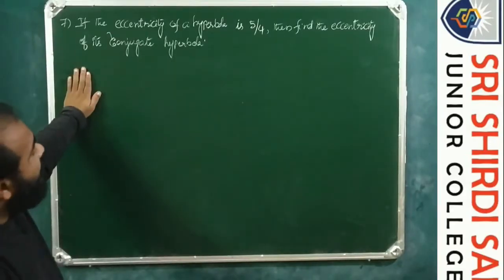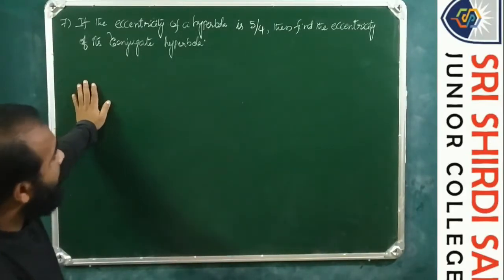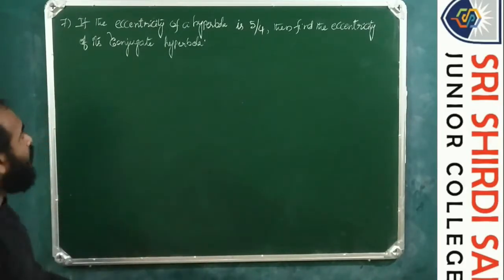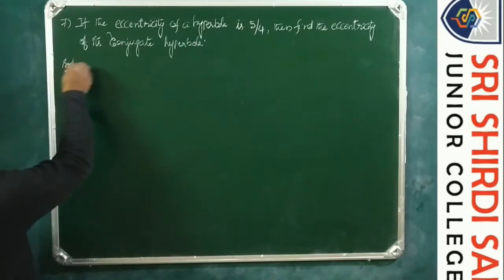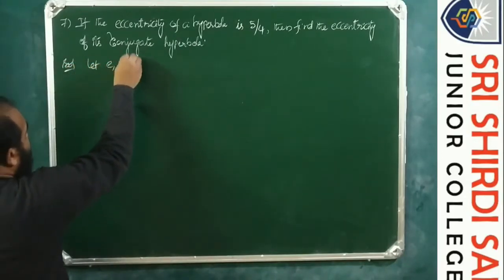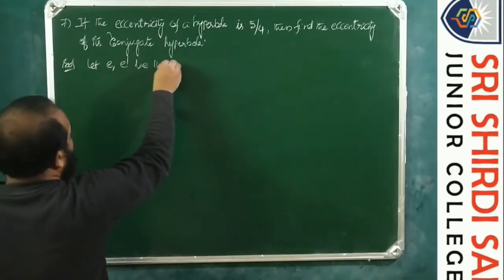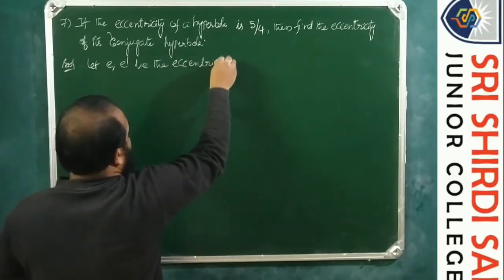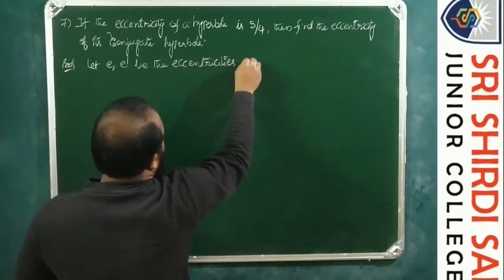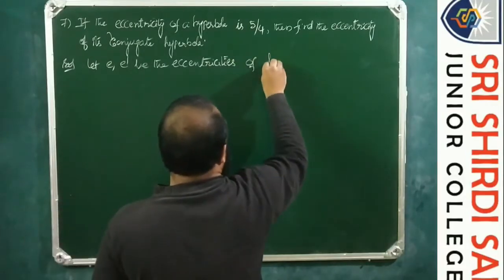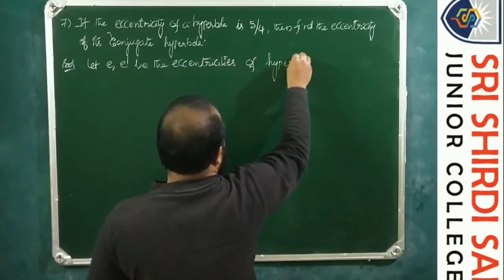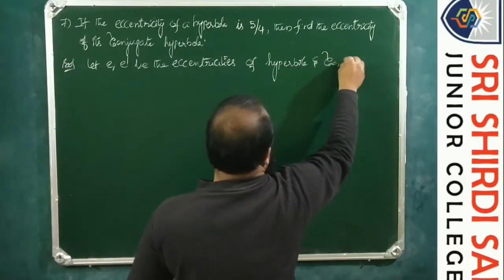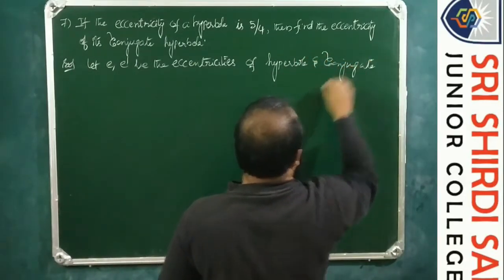If the eccentricity of a hyperbola is 5 by 4, then find the eccentricity of its conjugate hyperbola. So let e, e dash be the eccentricities of the hyperbola and conjugate hyperbola.